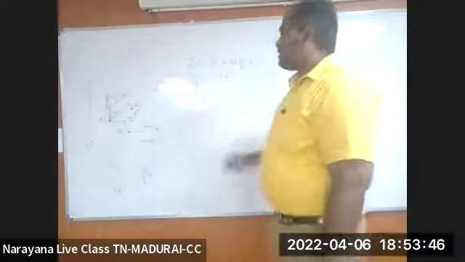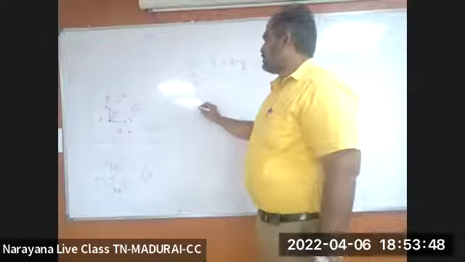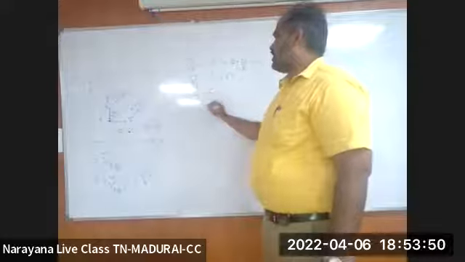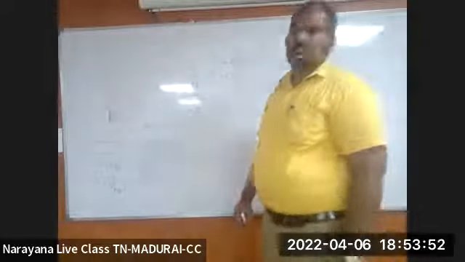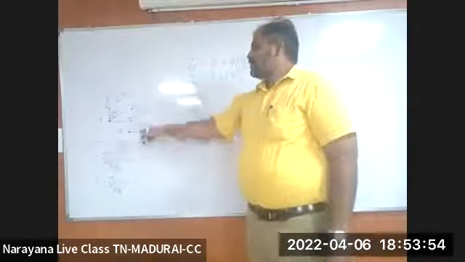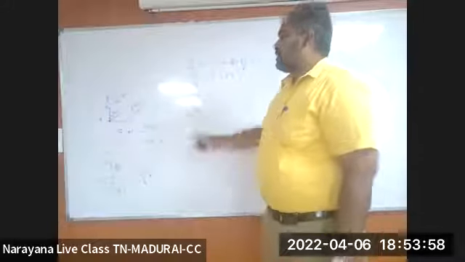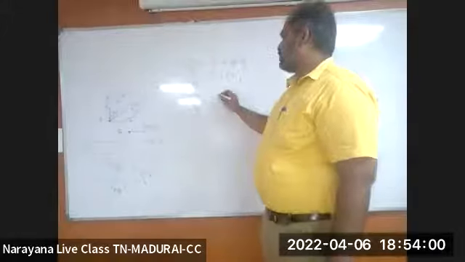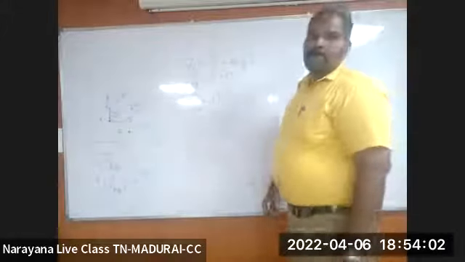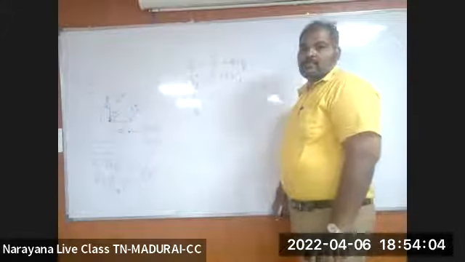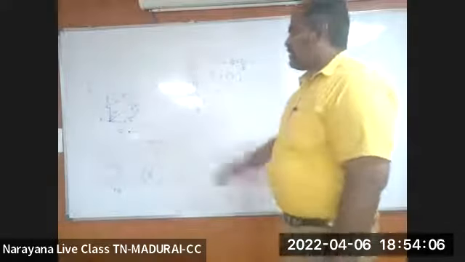Then what is the velocity of Q vector equal to? How much? 3 into i cap. Correct or not? So what is my first question?